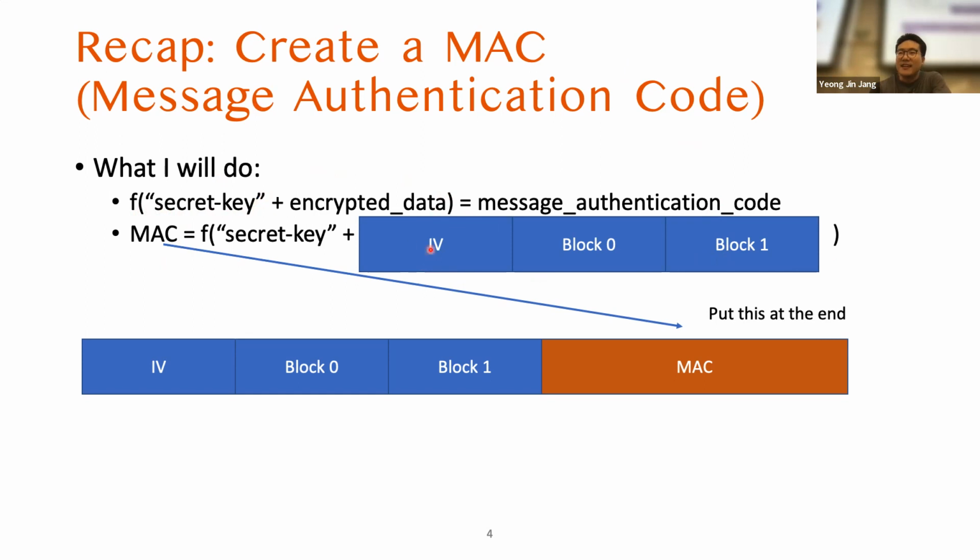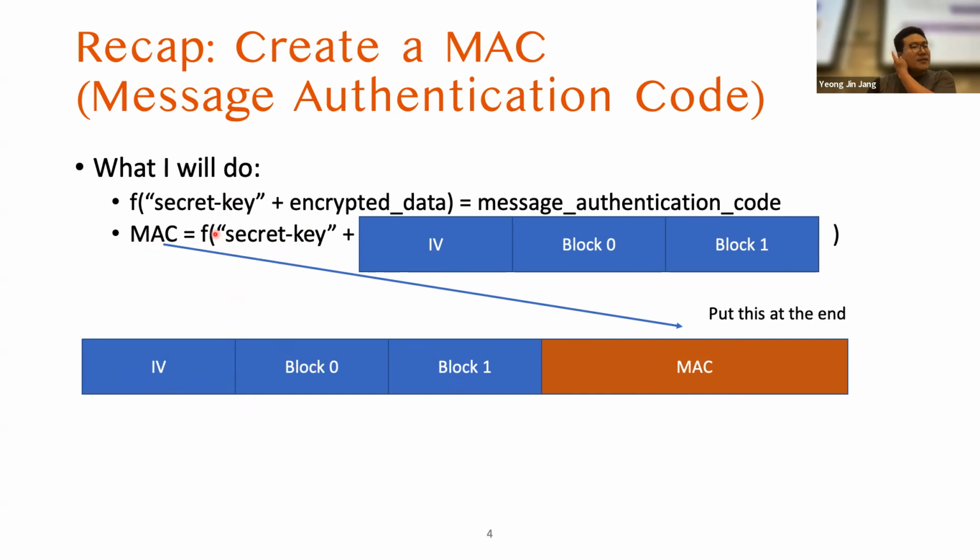Although the IV is not encrypted, we should include the IV in this integrity checking, because we learned that editing the IV will affect the first block of the plaintext in the CBC mode. So we need to put the entire message, and then we can generate the message authentication code. Because this function is one way, even if we let the attacker know about this message authentication code, they will never know the secret key. That means they will never generate a valid HMAC for this kind of data.